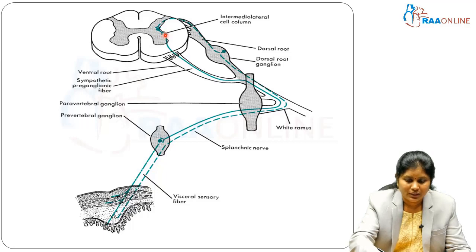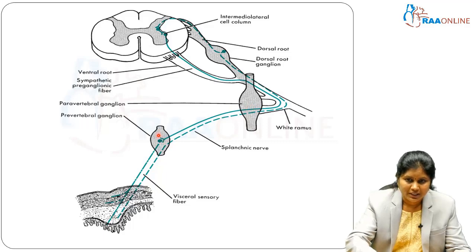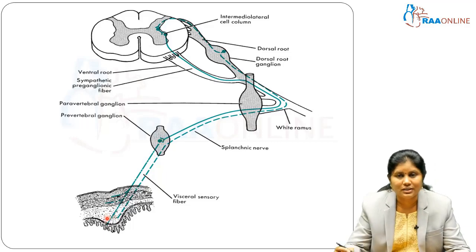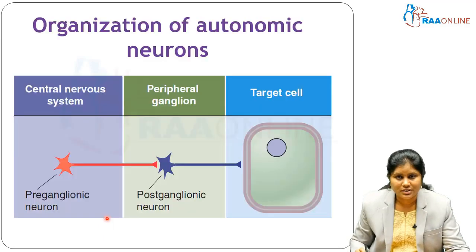Okay, from there the efferent nerve fiber arises and it goes to the ventral root and it enters the paravertebral ganglion and then the prevertebral ganglion. It may synapse in the prevertebral ganglion, and from there the final neuron or the effector neuron reaches the target organ. So this is the reflex arc for the autonomic nervous system.